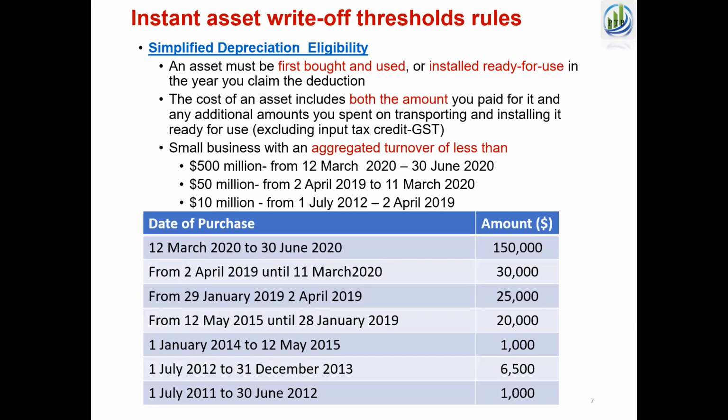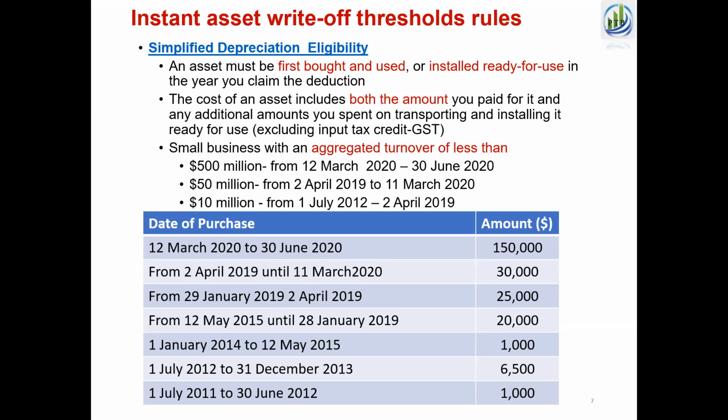What are the conditions now? New condition, you can see 12th of March to 30th of June assets. If you are a business with less than $500 million turnover in a year, you can deduct 150,000. Before that, it was 50 million. So how much was the 50 million rule? At that time, 30,000. Now for the new one, you only want to focus on the 2019-20 financial year.